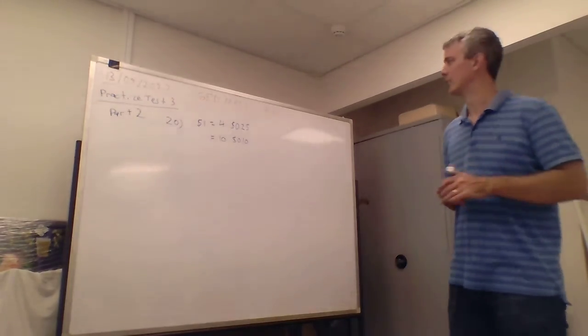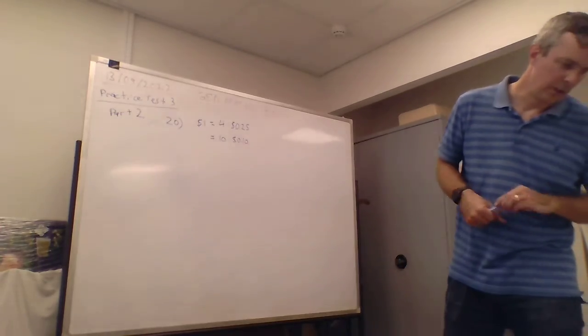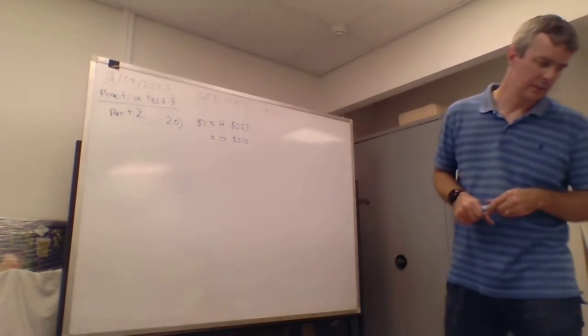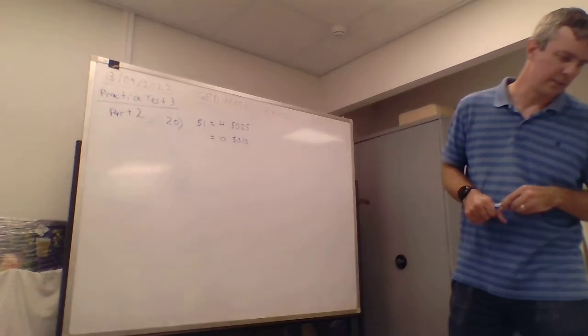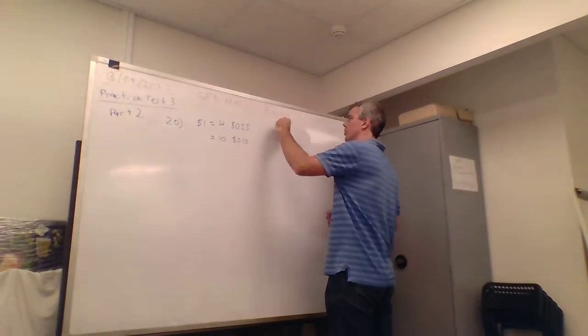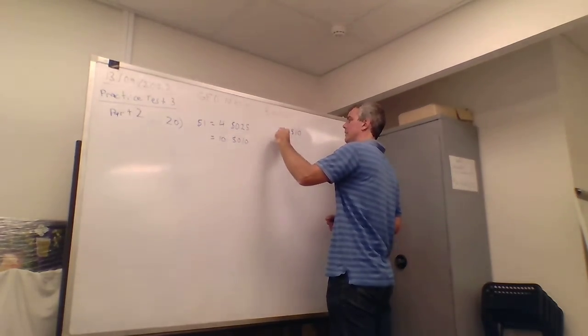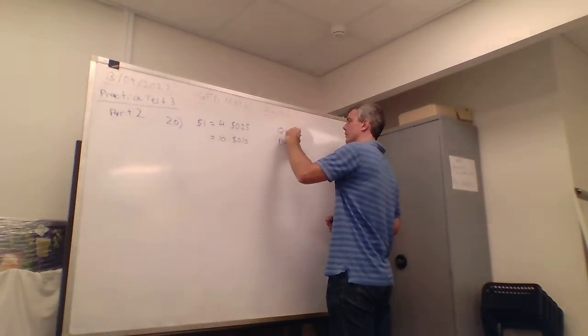So what we need to look at is, first of all, one roll of quarters is $10. So let's do Q equals $10, right? And D equals $5.